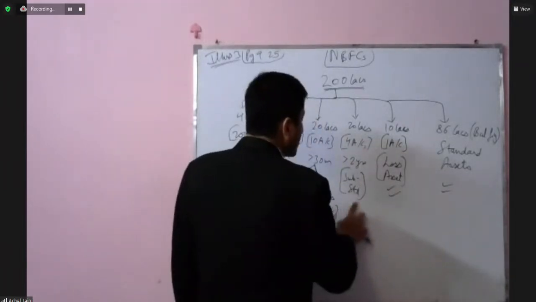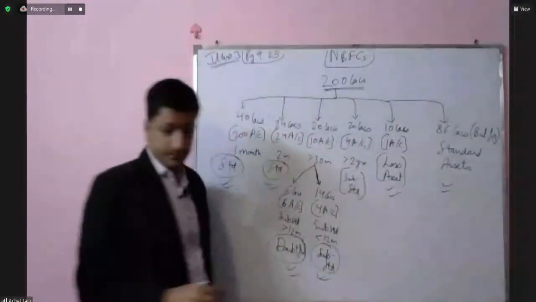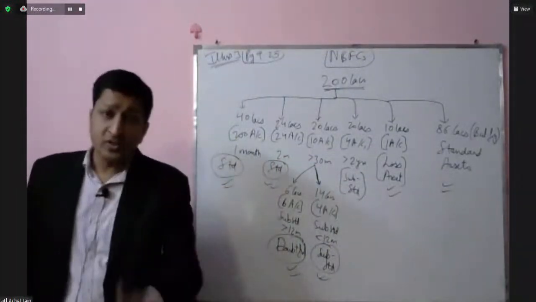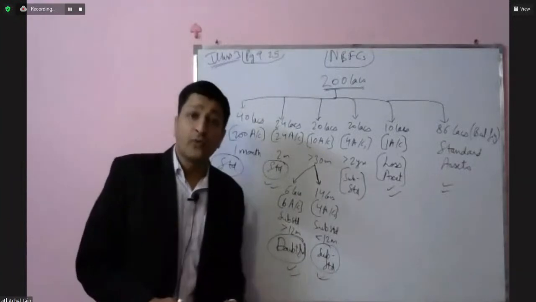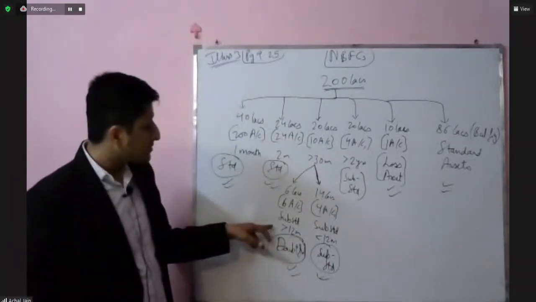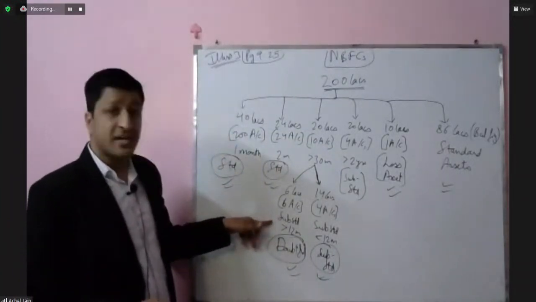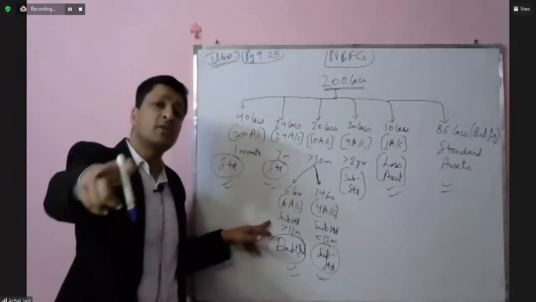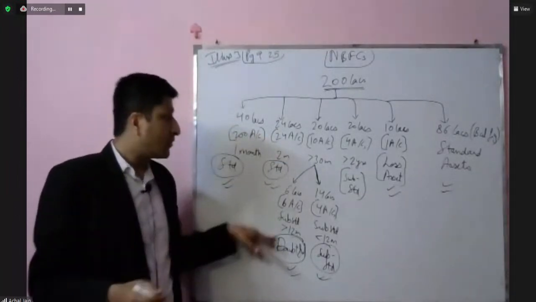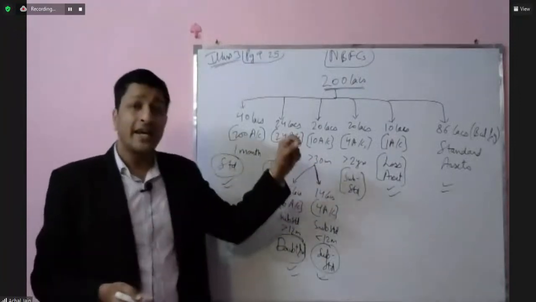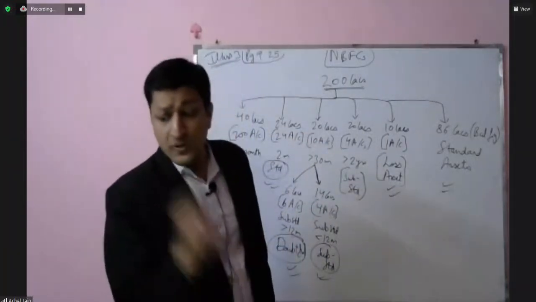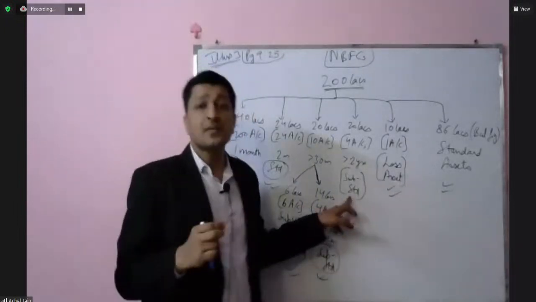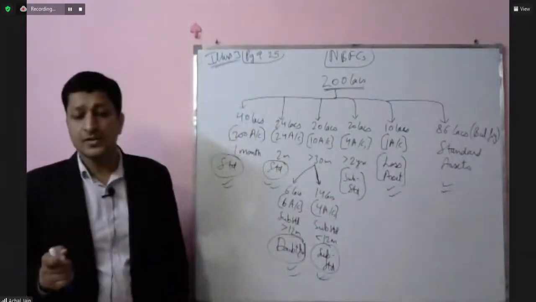Now let's come back to this one. 4 accounts which remained substandard for more than 2 years. Sorry, if an account remains substandard for more than 2 years, what did we classify it as? Doubtful. So even though the question is calling it substandard, what do we need to call it as?